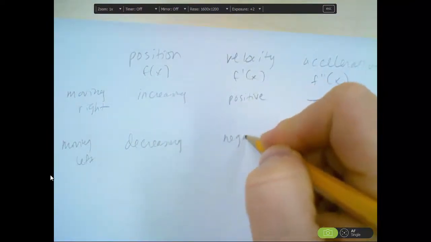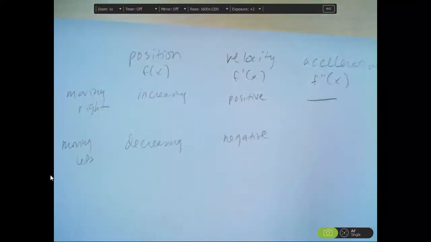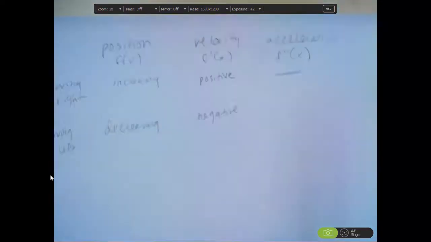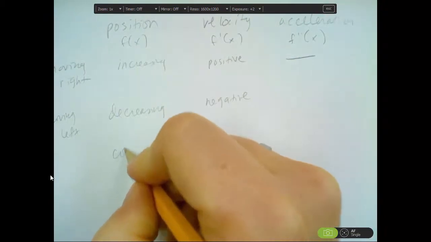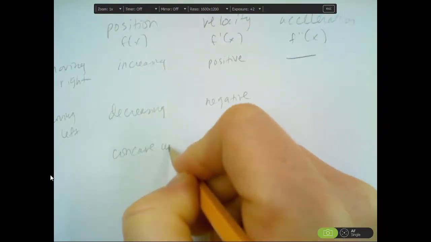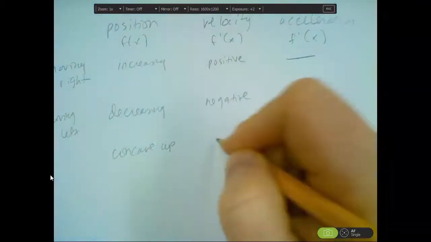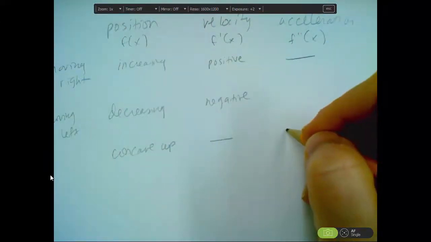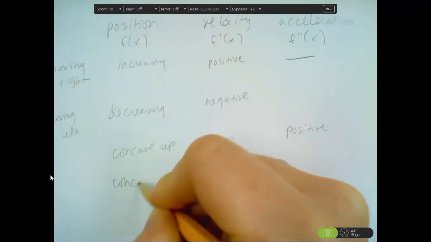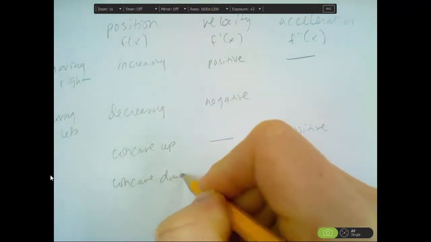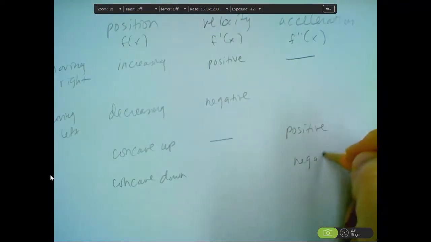First derivative is negative. If the position is concave up, second derivative, we don't know anything about the first derivative, second derivative is positive. If it's concave down, second derivative is negative.